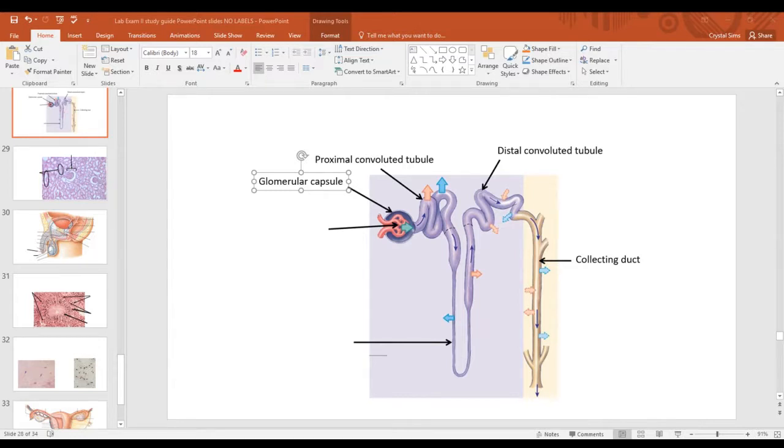Okay. Now we're going to move towards the left. So I'm going to come up to the top. What is this funky purple structure here that connects to the collecting duct? Yes, I've got my distal convoluted tubule. And then the other purple kind of crazy structure is what?